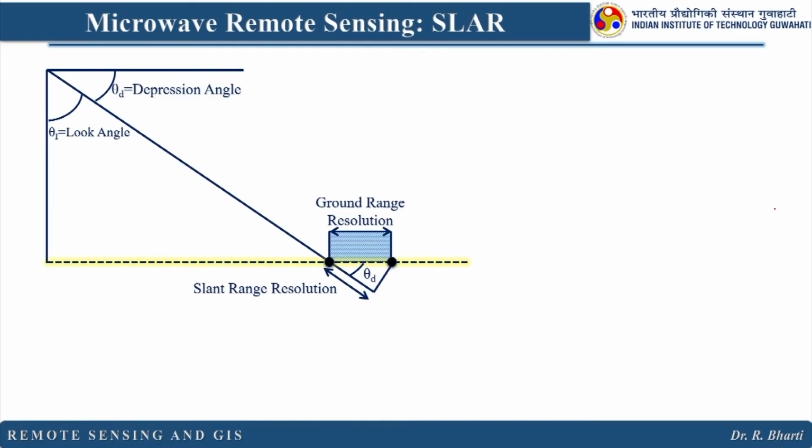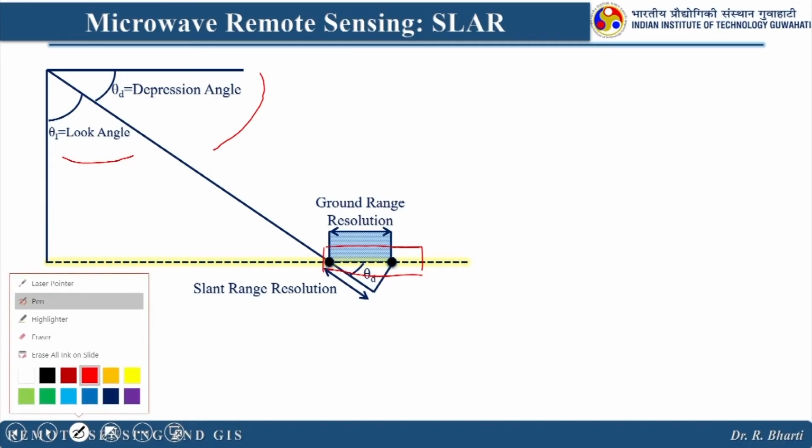Here in this case, what is happening? We have already understood this part, depression angle and look angle, and now we have an object here, or this place we want to sense, right. So what we will do?